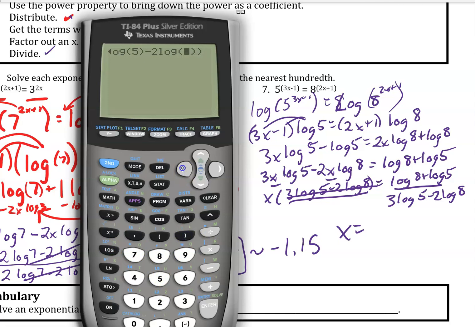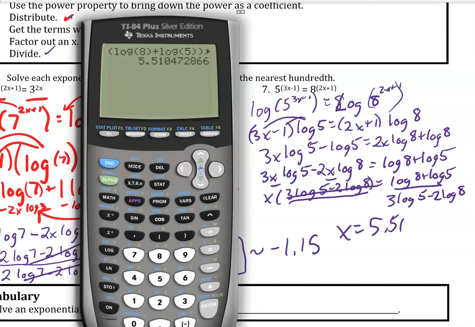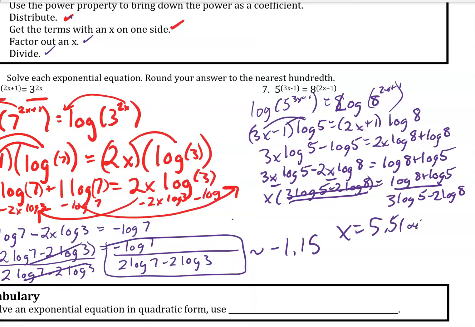Hopefully I have enough parentheses here. Oops, I forgot a parenthesis. Oh, no, I didn't. Good to go. Got to make sure they all match up, or you're going to get a wrong answer. So I get 5.510472, and so on, 5.51. I'm going to go ahead and write a couple extra significant digits, because I'm going to go back and check my work.